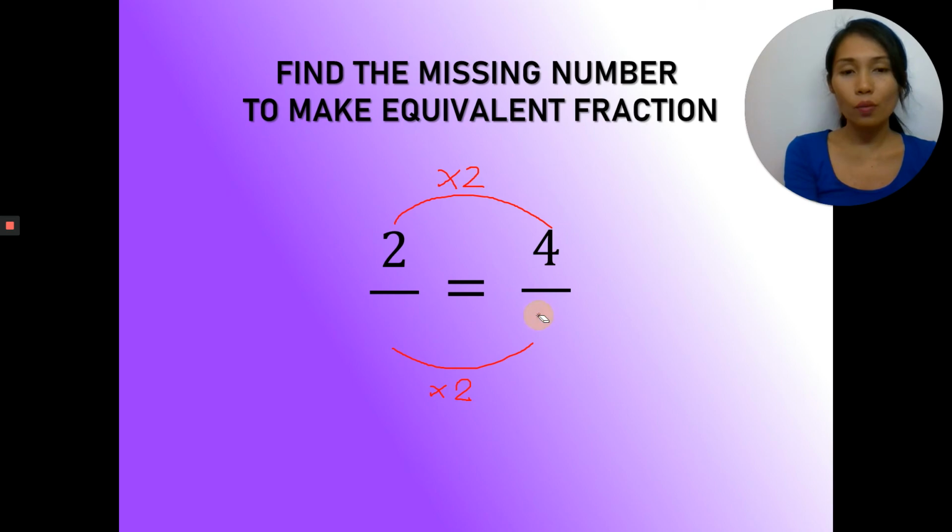Now actually we can try another one. We can make another one here. If we're going to write there 4, then that will be a different fraction. 2/4 is equal to 4 times 2 equals 8. So 2/4 is equal to 4/8. Easy, yeah? Okay, let's try last one.